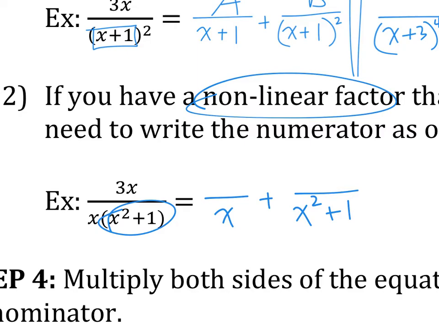Okay, so what do you write in the numerator for this first fraction? A, yes. Okay, and then the second one, what is the degree of the denominator? 2. What's 1 degree less? 1. So what goes in the numerator? This is a little tricky.